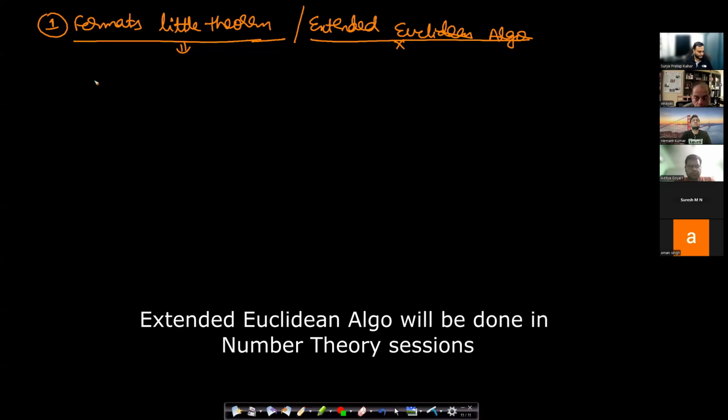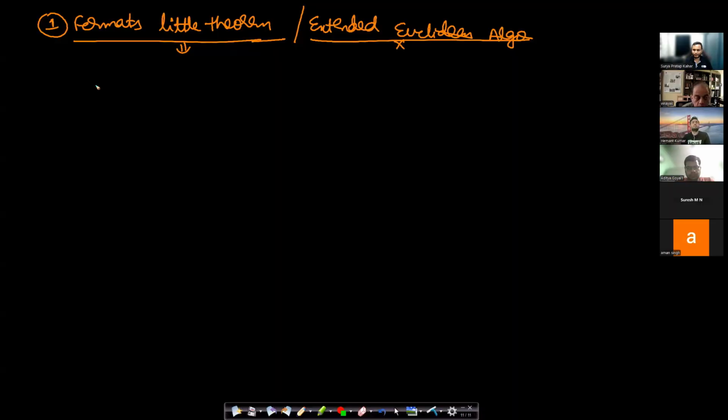Okay. So let's understand this. Again, the proof of the algorithm is not required. That will be too much. It will be a total maths class, but we will try to avoid this. According to Fermat's little theorem, you can write a to the power of m minus 1 will be congruent to 1 mod of m. There is a proof for this, but you don't need to do that.